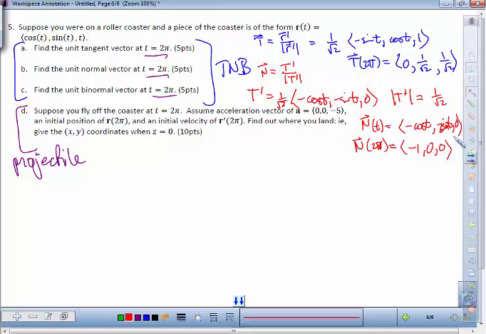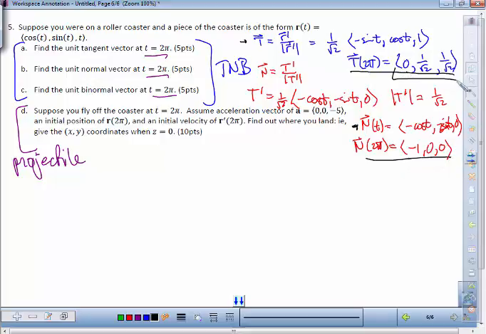So to find your binormal, since you're interested in the binormal at 2 pi, you can just cross the vectors 0, 1 over root 2, 1 over root 2 and the normal vector.